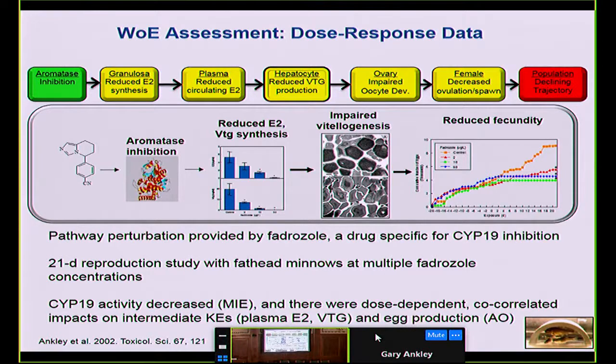It was developed to treat breast cancer in humans. So we did a 21-day study with fathead minnows at multiple fadrazole concentrations and then looked at a number of these intermediate key events.